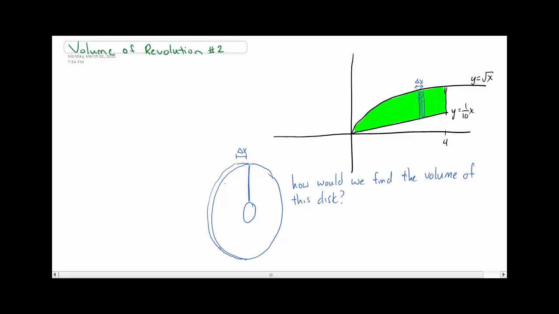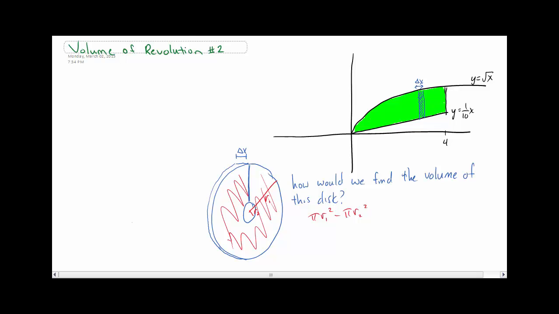If I wanted the area of this circle with the hole cut out of it, it would be pi r1 squared minus pi r2 squared, where r1 is the big radius and r2 is the radius of the small circle. We take the big circle area minus the little circle area, and we've got the area of this washer.